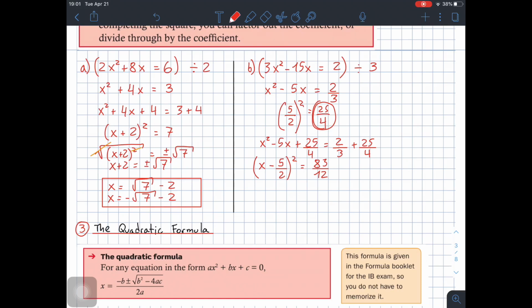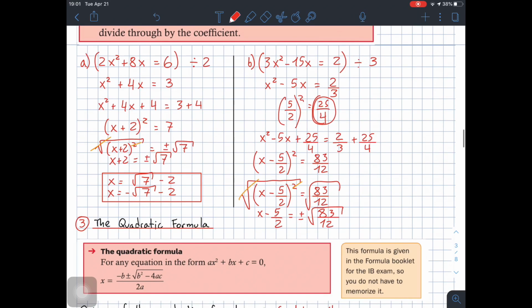And if we take the square root on both sides, let me copy this. Here, we need to take the square root on both sides. So this cancels out, and we would get that x minus 5 over 2 is plus or minus the square root of 83 over 12. You see that we're getting kind of ugly numbers, but that's fine.